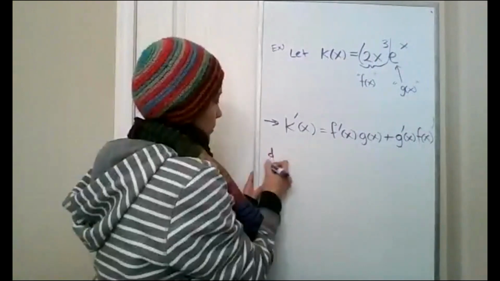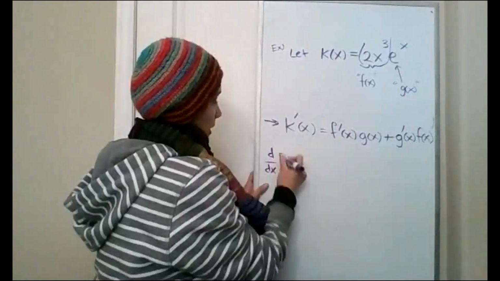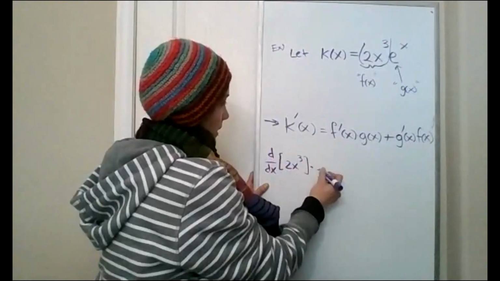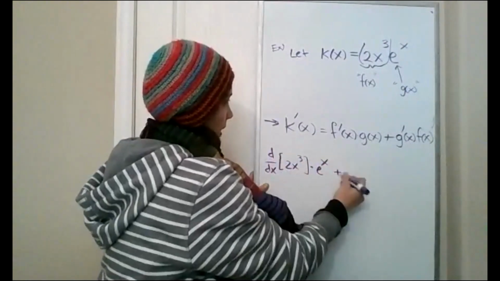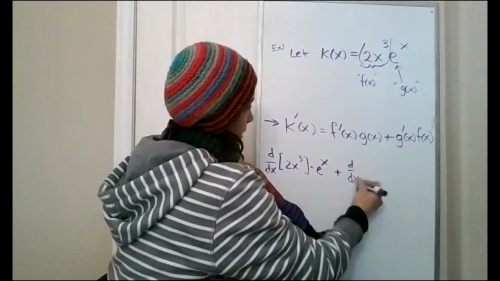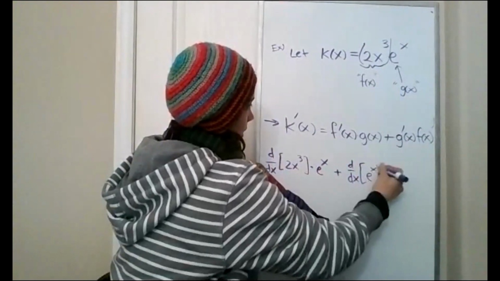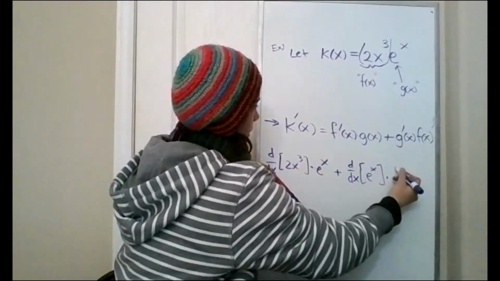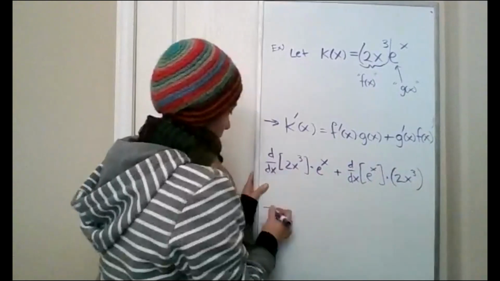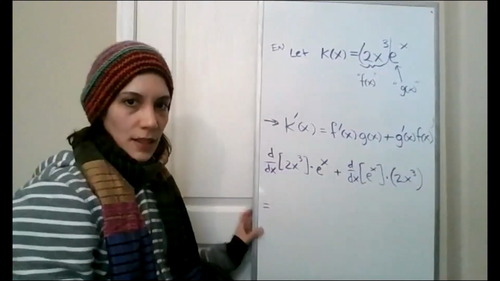We'll do the derivative with respect to x of 2x cubed multiplied with e to the x, add the derivative with respect to x of e to the x, multiplied with 2x cubed. That looks nice.